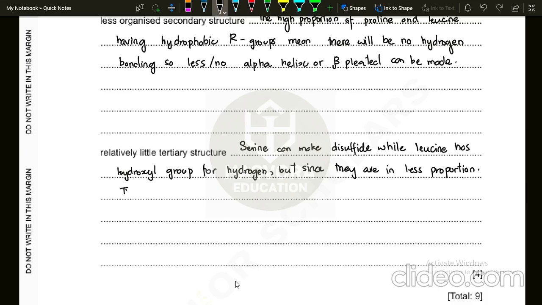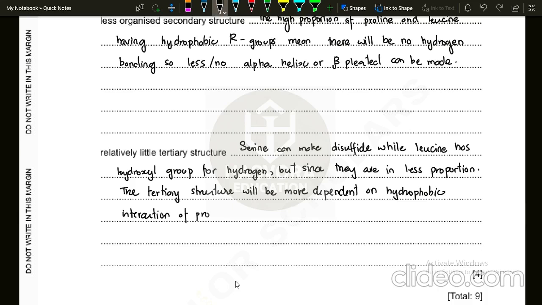The tertiary structure will be more dependent on hydrophobic interactions of proline and leucine.